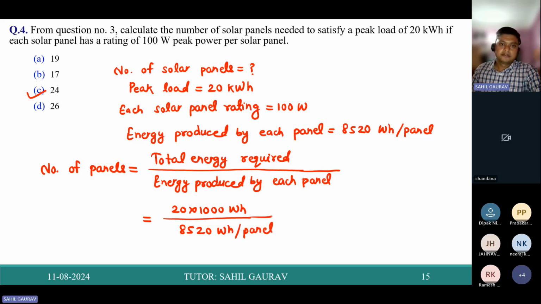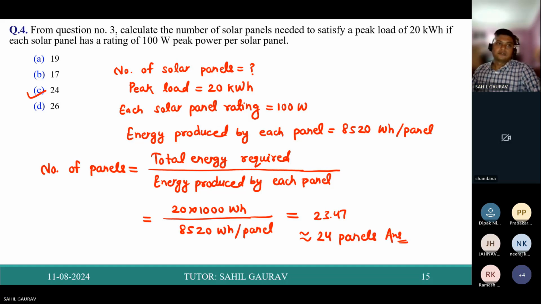Upon dividing, we get 23.47, so equivalent to 24 panels. So C is the correct answer.